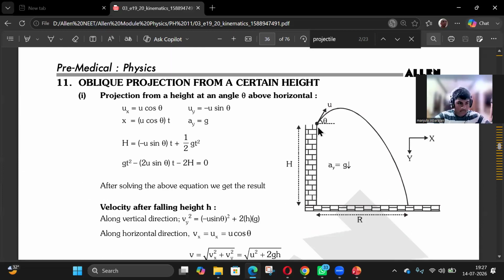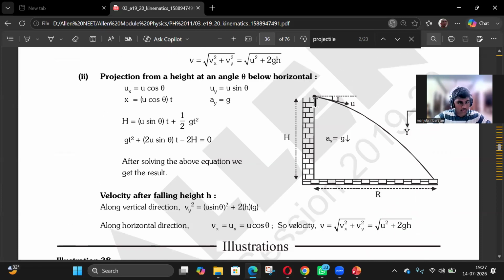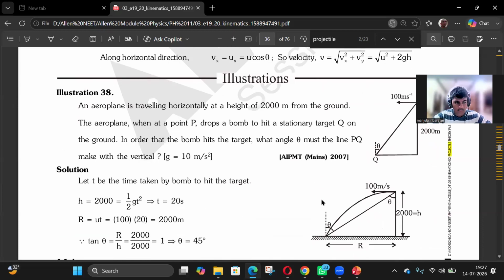This is projected from a height, so it's an inverted U parabola, but this initial part is truncated. Here, this is also from a height, but it's thrown at an angle with the horizontal.